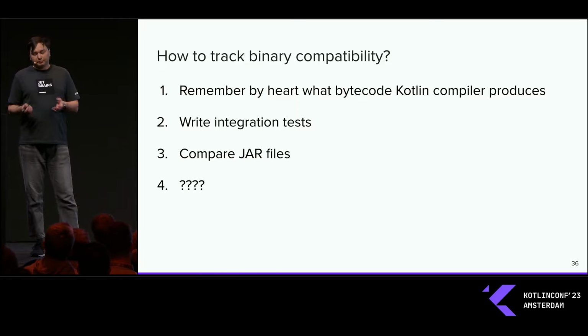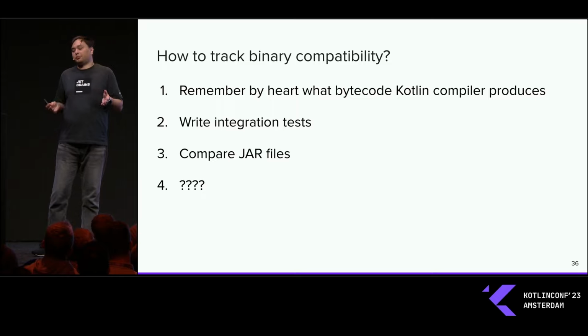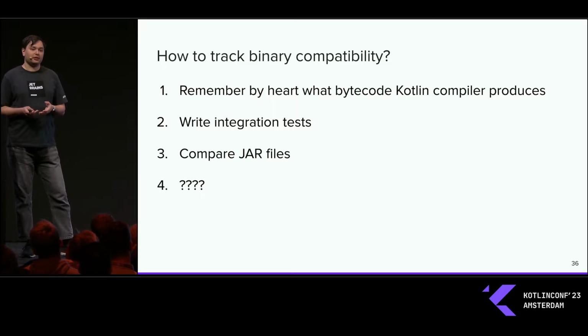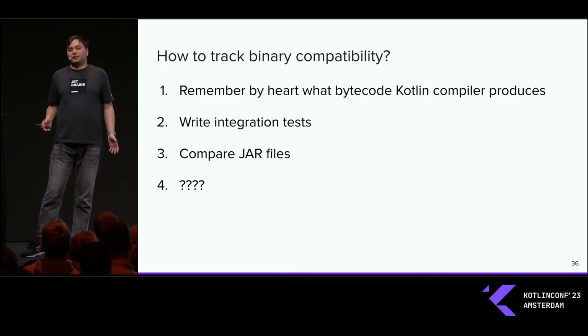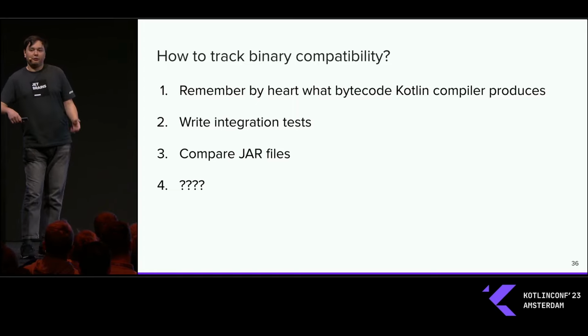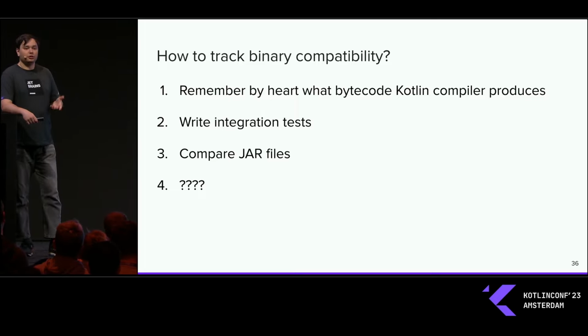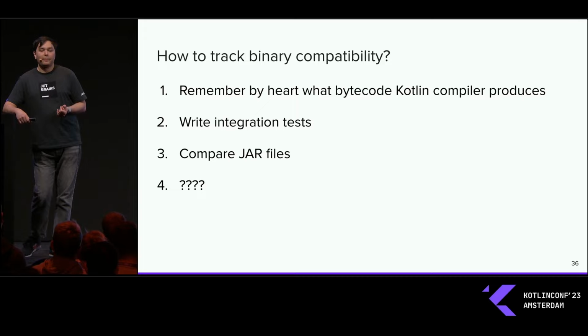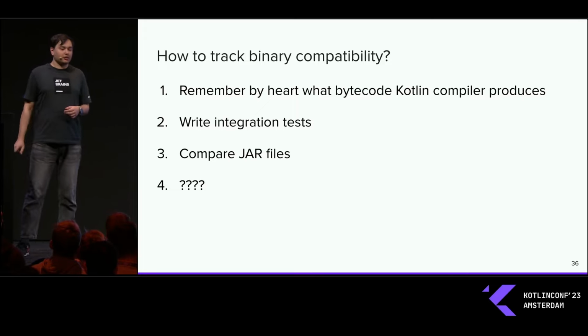And the other possible option is to compare jar files, because this problem also affects Java and is generally widely known. So, of course, there are some tools for Java that can help prevent it. For example, JAPI CMP that compares signatures in given jar files. And you can also use them with Kotlin, because Kotlin compiles to the same bytecode.